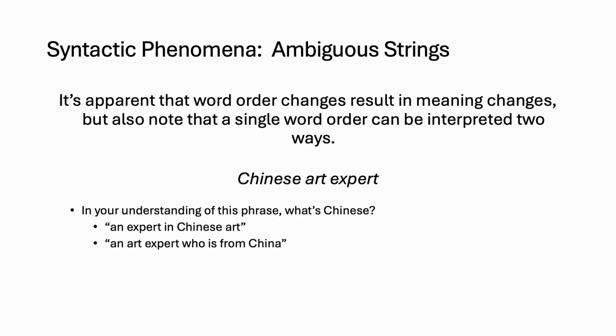And sometimes we have ambiguous strings. And the nice thing is that the internal structure can tell us how it is that we can separate these things out. So look at this. We've got word order here, Chinese art expert. So are we talking about an expert in Chinese art, or are we talking about an art expert who is from China?